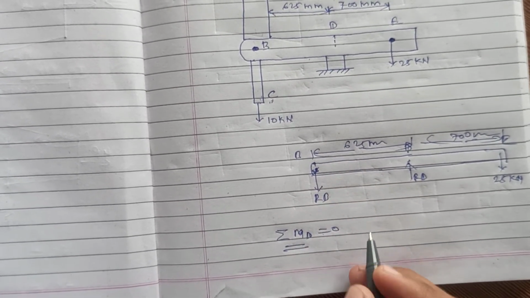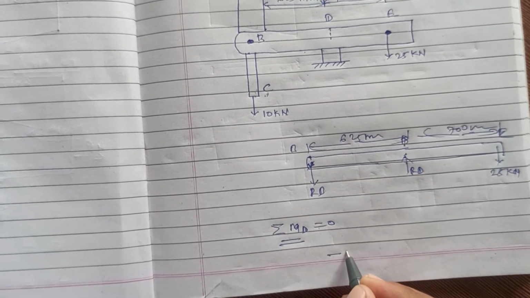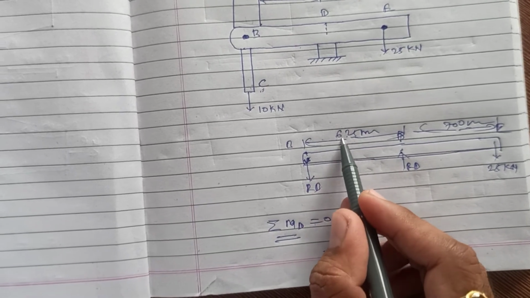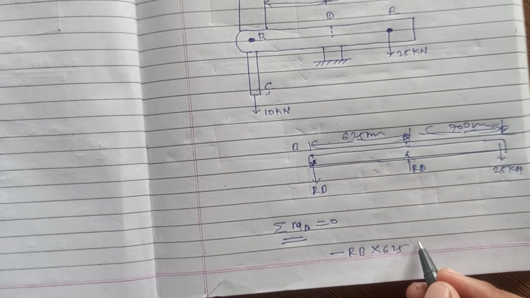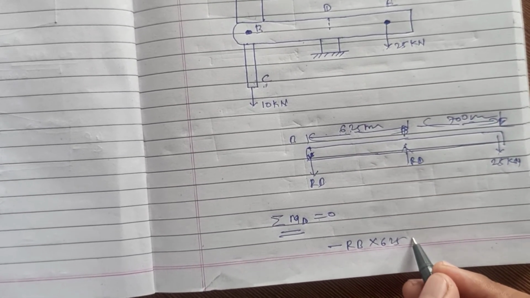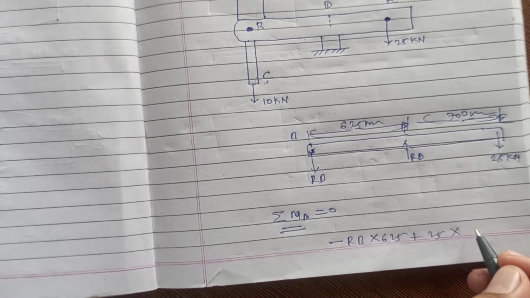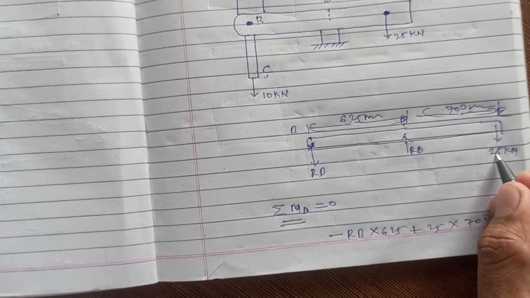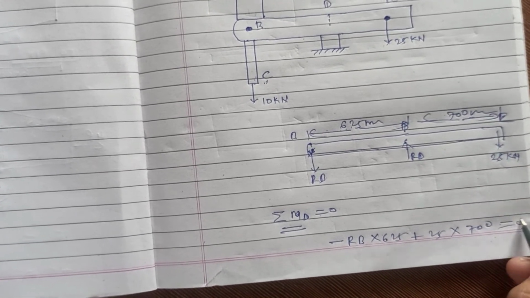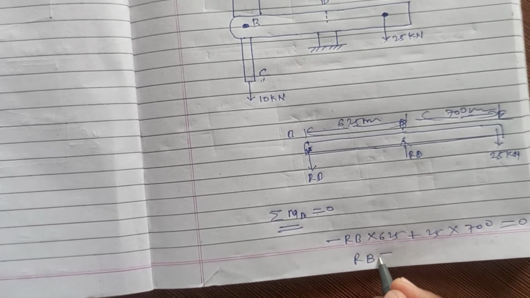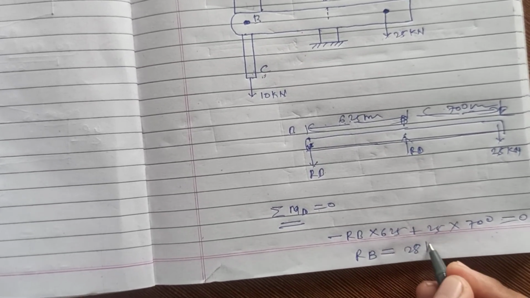Therefore minus RB into 625 plus 25 into 700, which is positive because it is clockwise, is equal to 0. Therefore we get RB equal to 28 kilonewton.